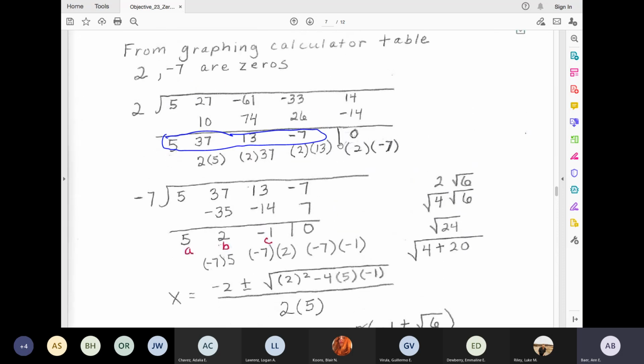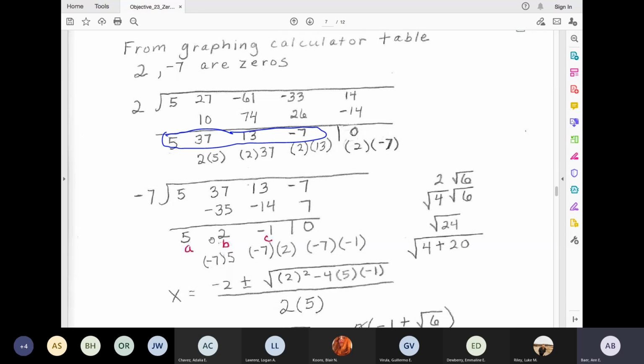So these were coefficients of a quartic, a 4th degree polynomial. We divided by x minus 2 and got coefficients of a cubic, 1 degree less. We then divided again down here in this synthetic division table, by this -7, and reduced the cubic down to a quadratic.